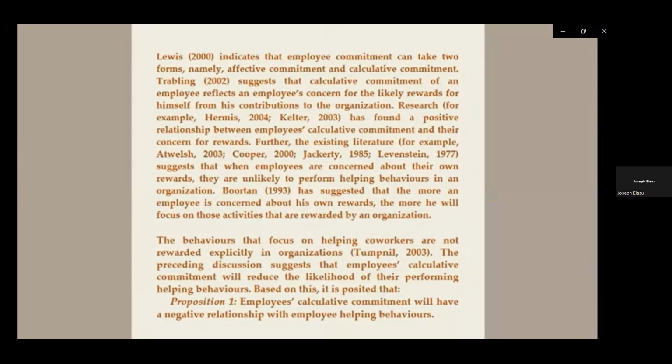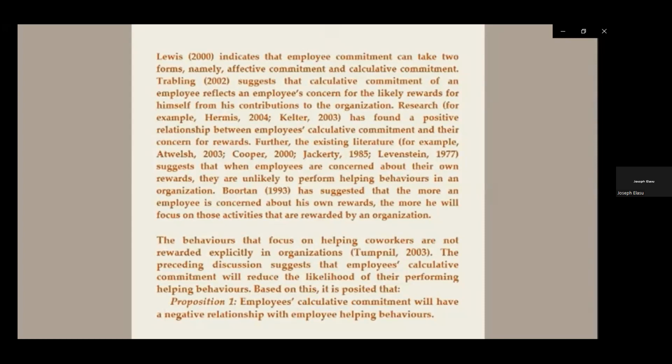Lewis 2000 indicates that employee commitment can take two forms, namely affective commitment and calculative commitment. Now, Troubling 2002 suggests that calculative commitment of an employee reflects an employee's concern for the likely rewards for himself from his contribution to the organization.